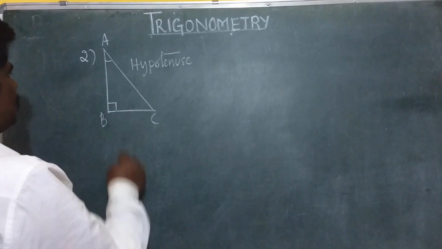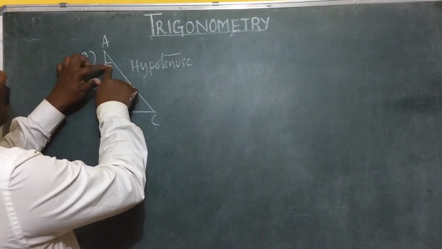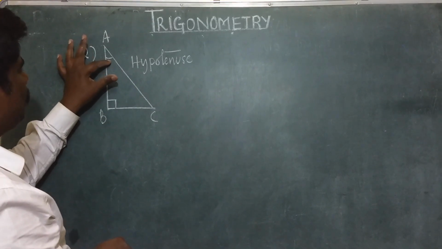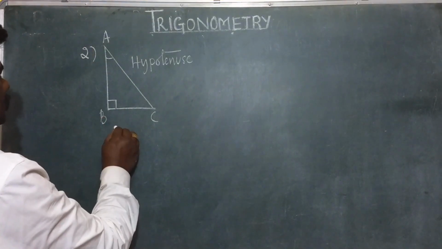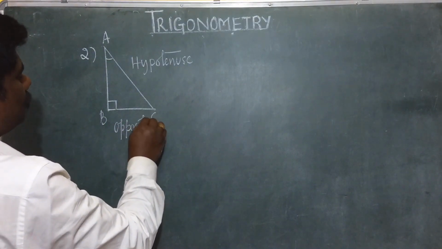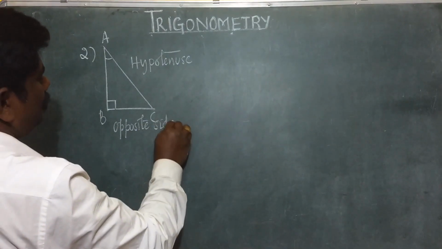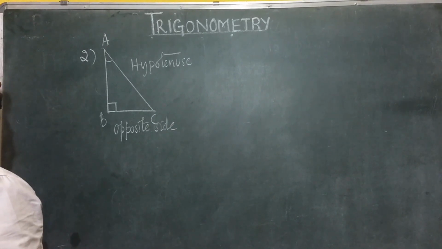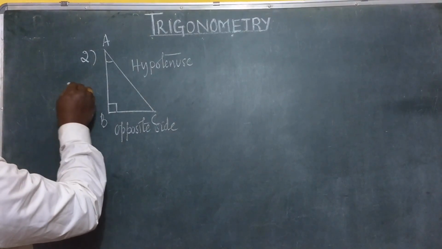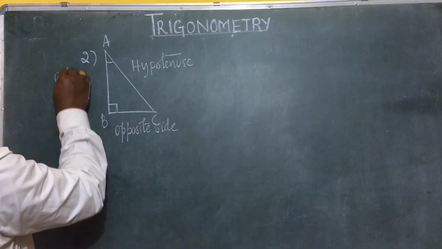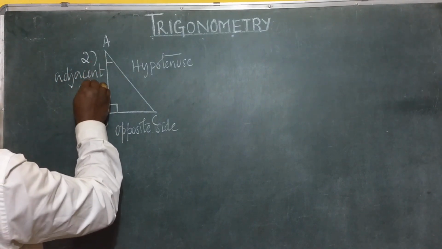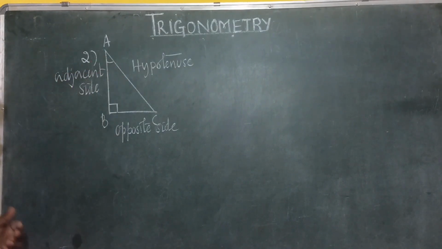And the side which is opposite to our required angle, which is what I am considering, is BC. This is called the opposite side. And the remaining side or third side is called the adjacent side.